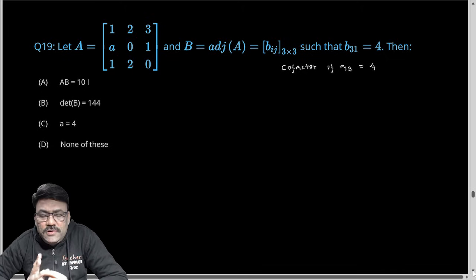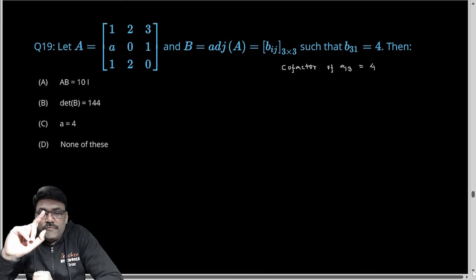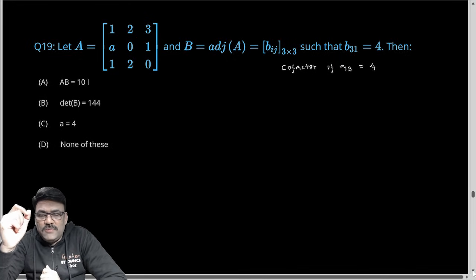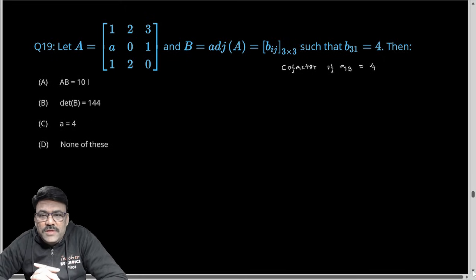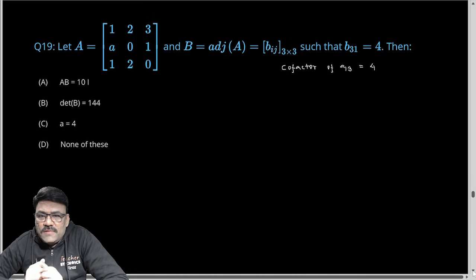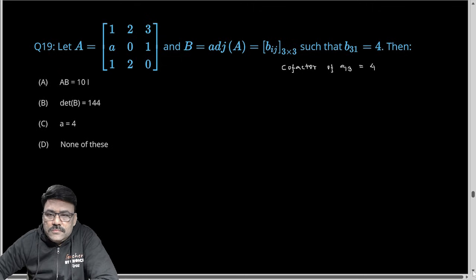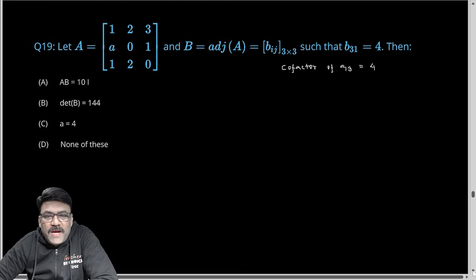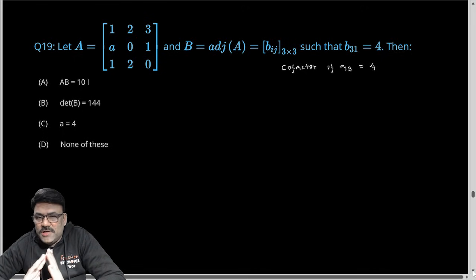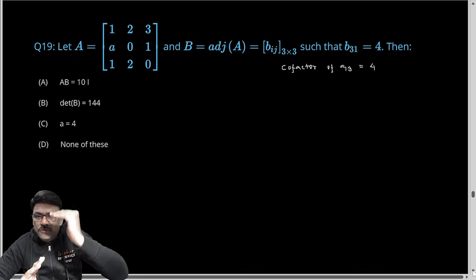Because when you find the adjoint, first you replace each element of A with its cofactor and then you take the transpose. So actually this B31 is the transpose of B13, right? So hence the cofactor of A13 will be 4 here. I hope you are getting what I'm trying to say. When you find the adjoint, each element is replaced by its cofactor, and then you take the transpose.